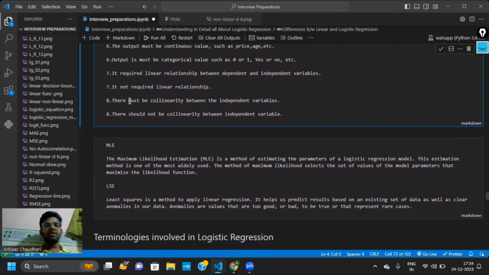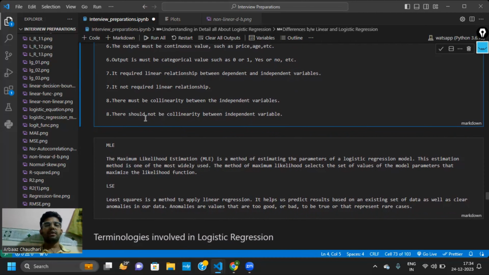Next is the eighth point. There must be collinearity between the independent variables. In the linear regression which we saw, the independent variables should have collinearity.